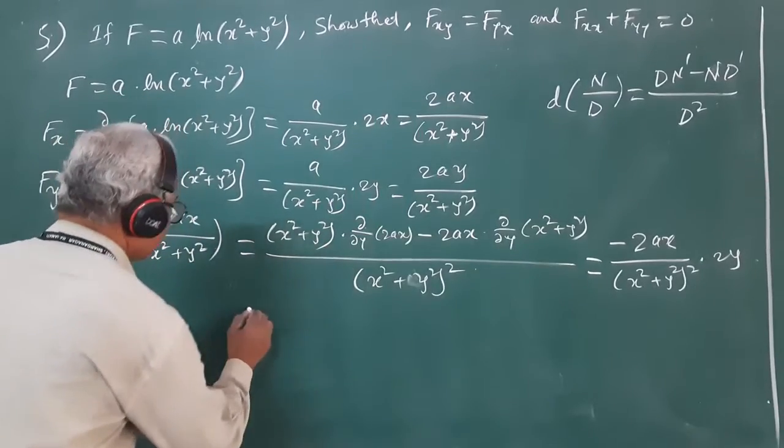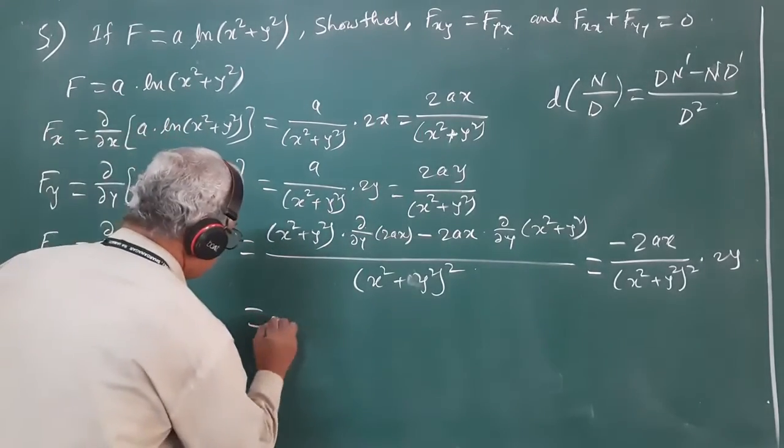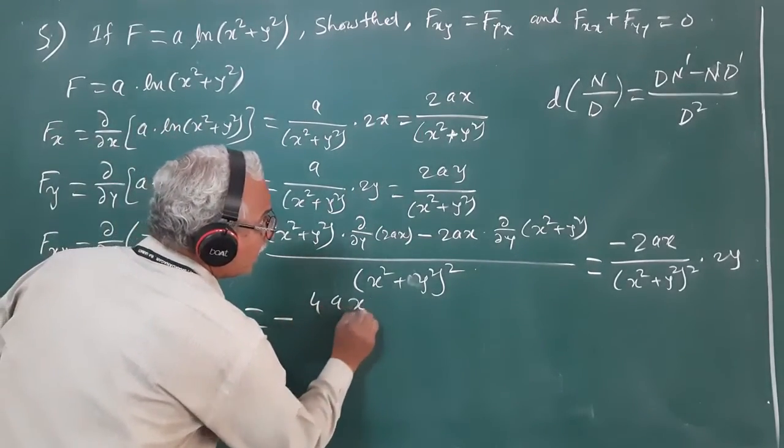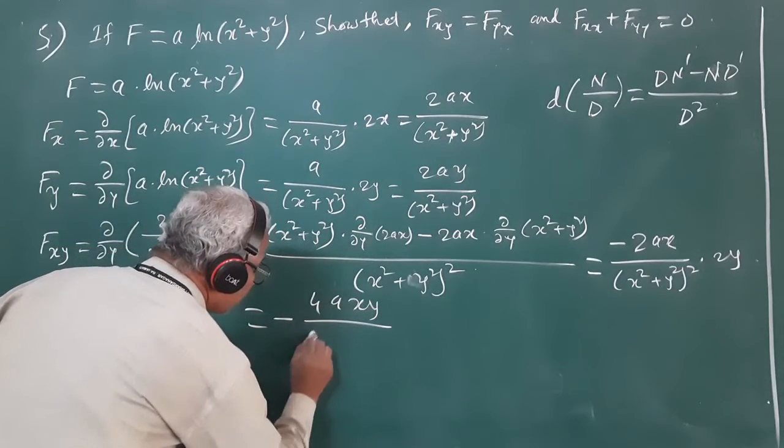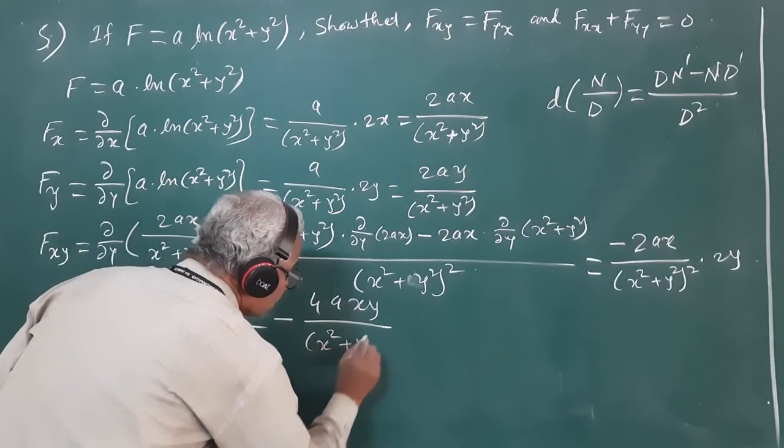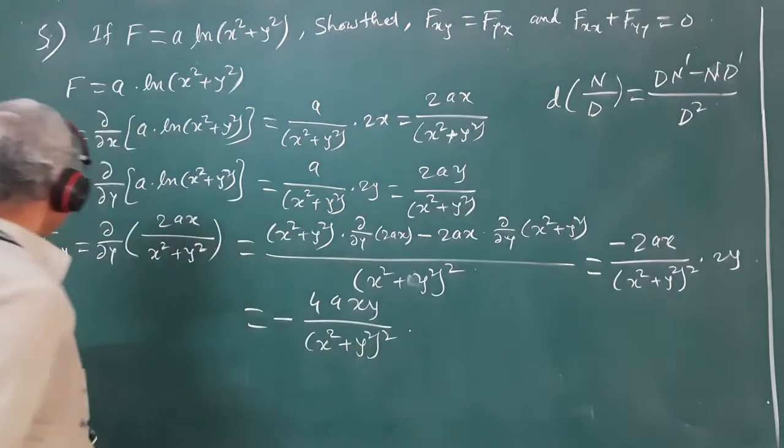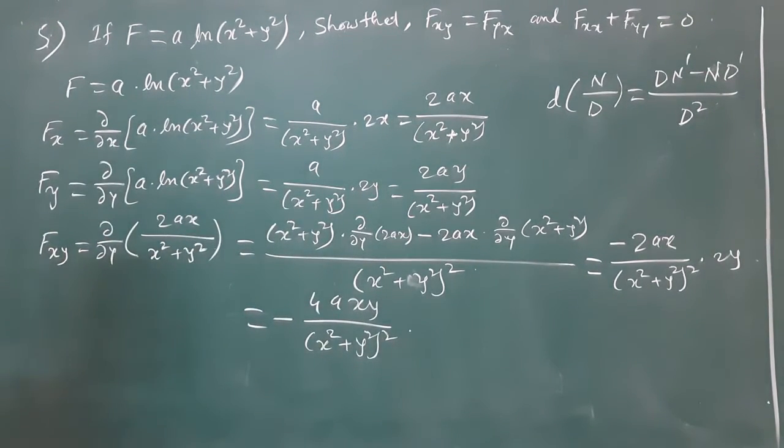So this is nothing but equal to minus 4axy divided by x square plus y square bracket square. So this is the expression for fxy.